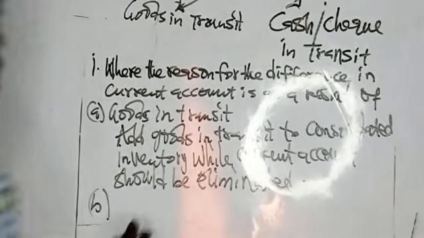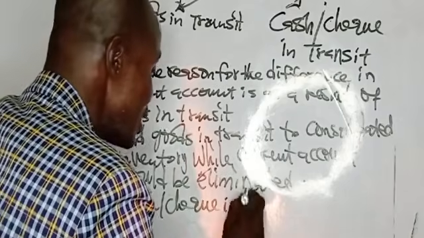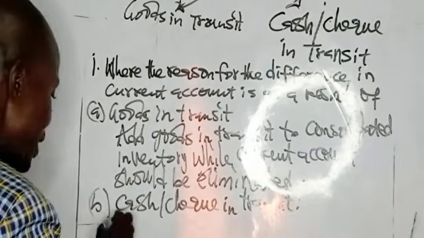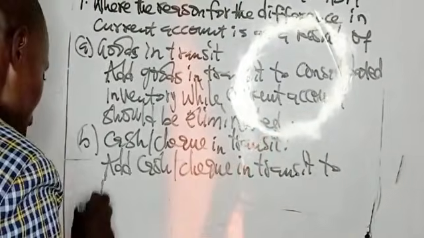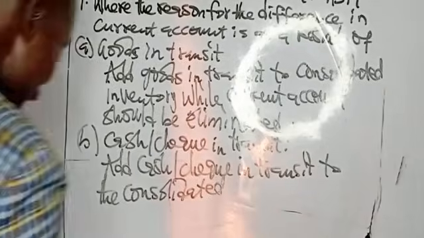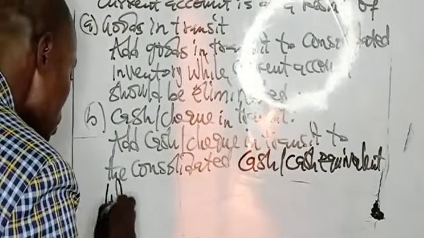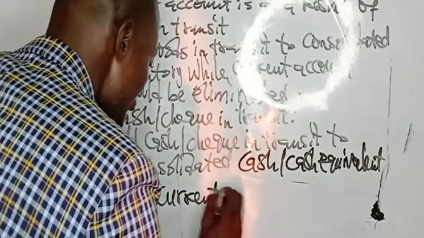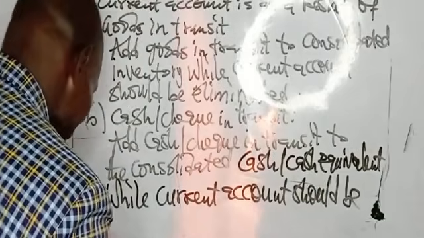2. Where it is as a result of cash or check in transit, then you add cash or check in transit to the consolidated cash or cash equivalent, while the current account should be eliminated.